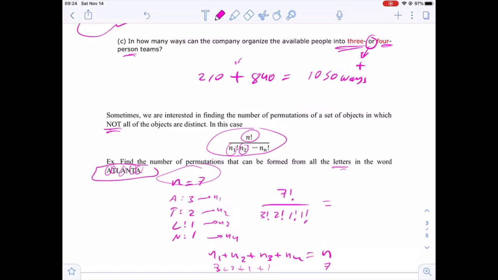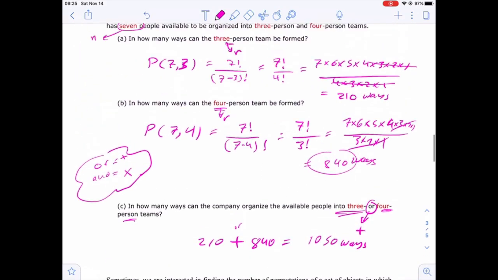So if you want to simplify it, it's 7 times 6 times 5 times 4 times 3 times 2 times 1 over 3 factorial is 3 times 2 times 1, 2 factorial is 2 times 1, and 1 factorial is 1, and 1 factorial is 1. So we cancel 3, 2, and 1, and we get 7 times 6 times 5 times 4.